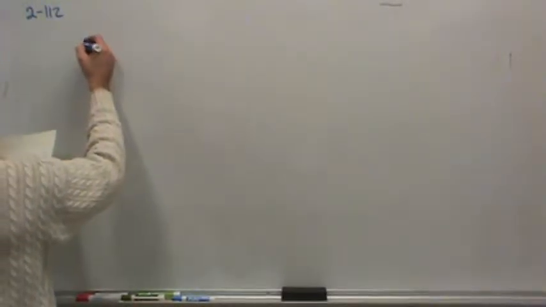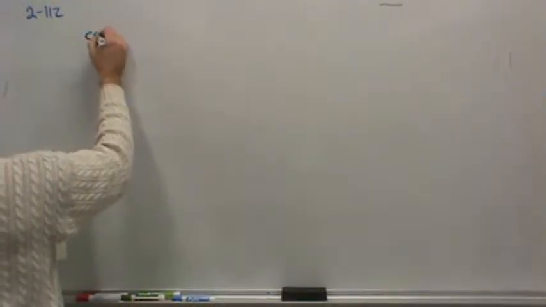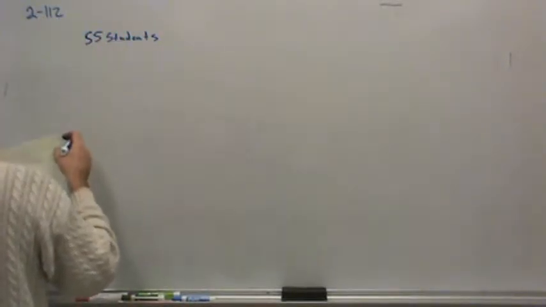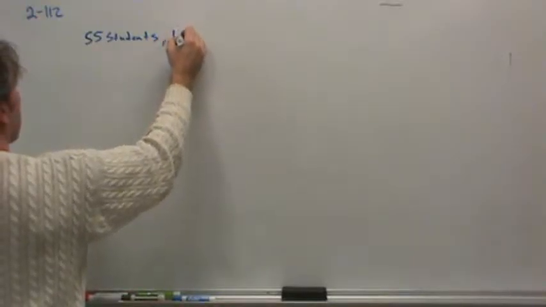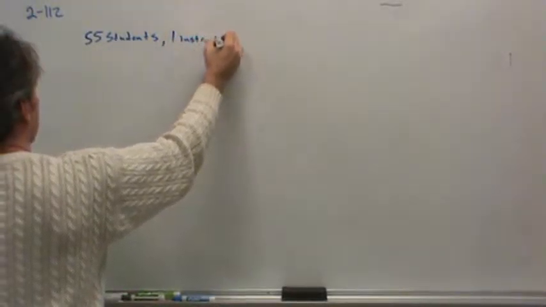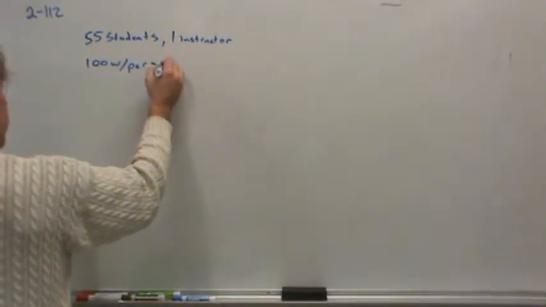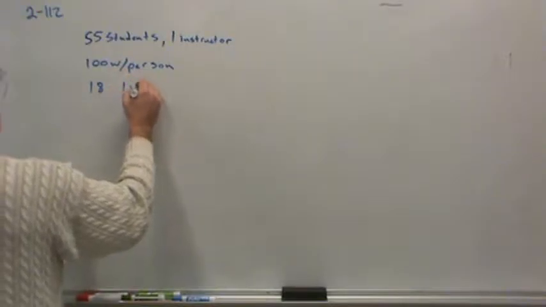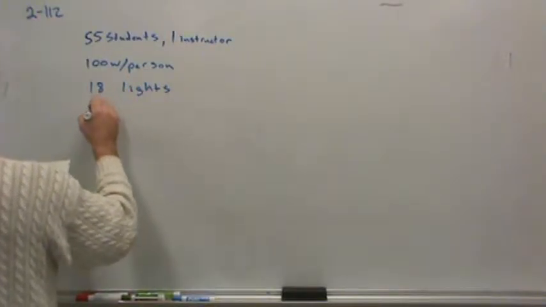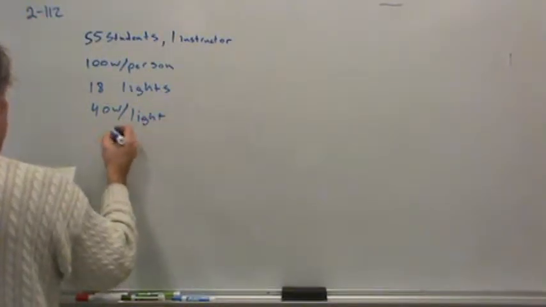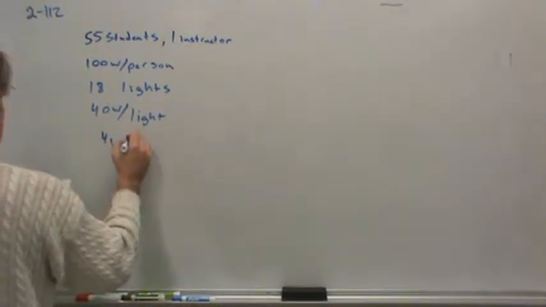Now, why would you care? Well, you would care because if you want to maintain the temperature constant, then you'll have to pump that heat out. So 55 students and one instructor, 100 watts per person, 18 lights, 40 watts per light, and 4 watts per ballast.